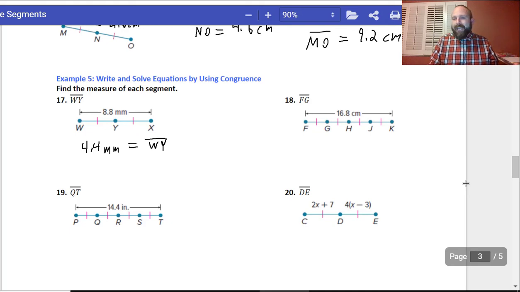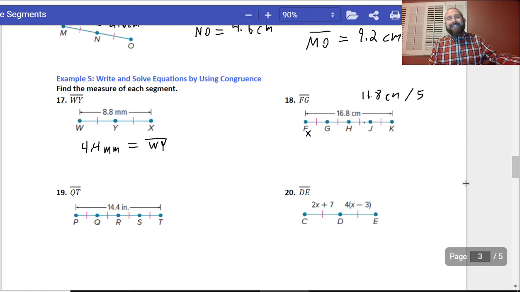Now, how about this one? We see this is broken up into 1, 2, 3, 4, 5 parts. We can call this x. We want to know how this is broken up, so I can divide by 5 to figure out how much one little part is. 16.8 centimeters divided by 5.